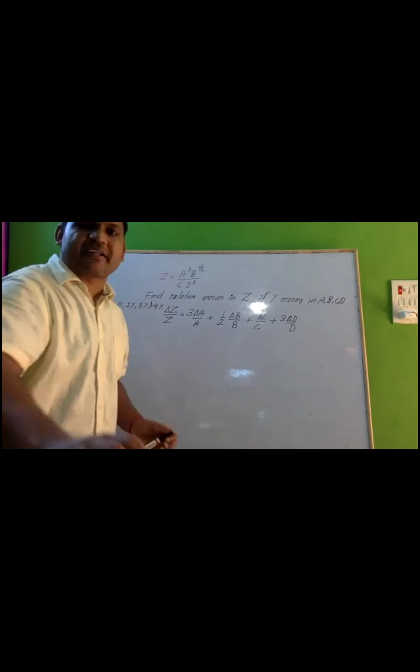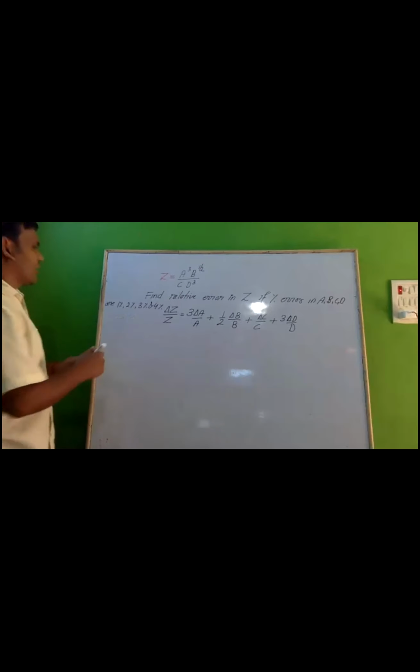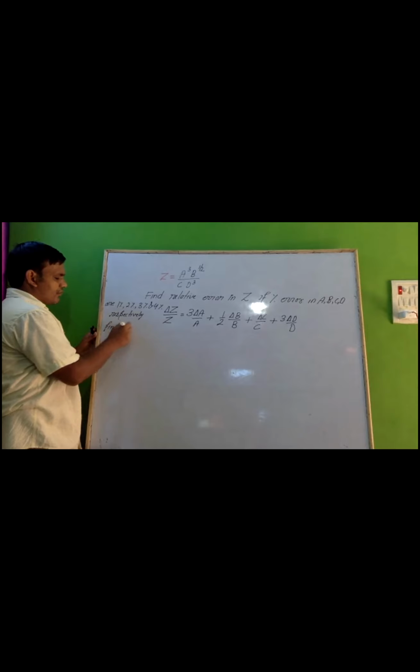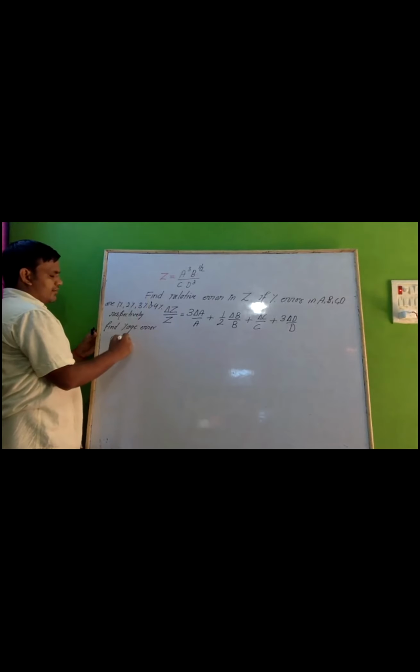If they are saying that the percentage errors in A and B and C and D respectively are 1, 2, 3, 4%, then find the percentage error in Z.